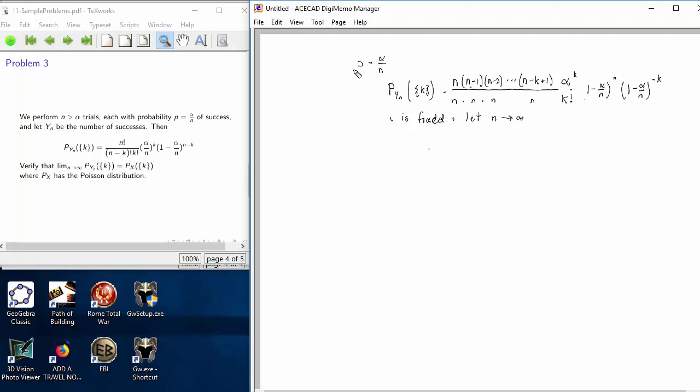N minus 1 over n is 1 minus 1 over n. N minus k plus 1 over n is 1 minus k minus 1 over n. And then I also have in the denominator k factors of 1 minus alpha over n.